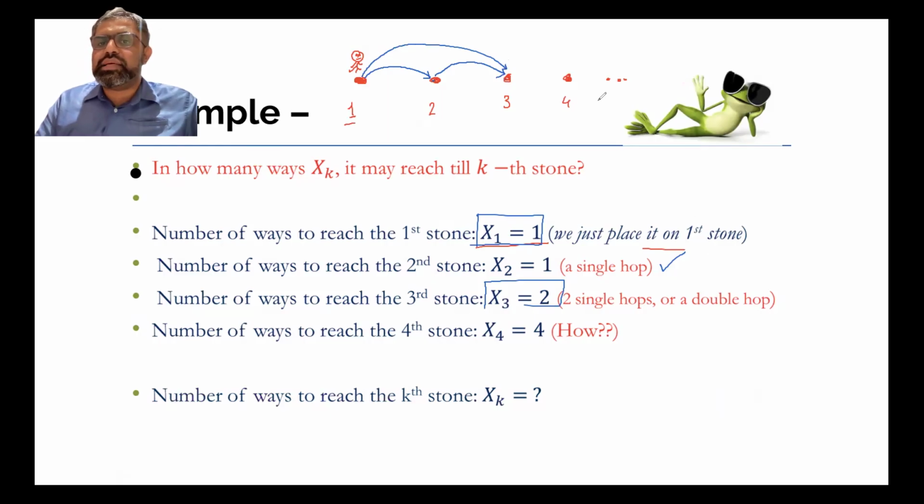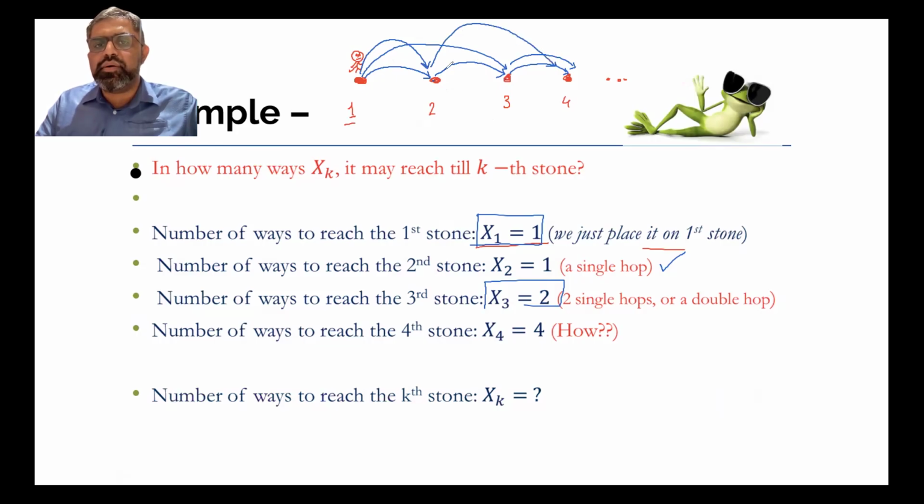In how many ways can we reach stone 4? So we just extend this one. One way is to come to stone number 2, 3, and make a single jump to come to stone 4. Or it can make a double jump and then make a single jump. This is another way. Or it can make a single jump and then make a double jump.